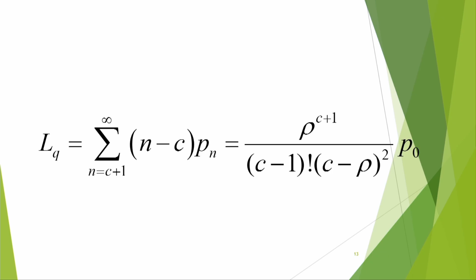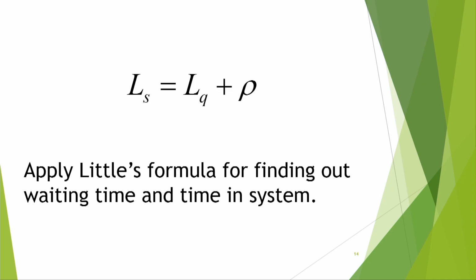So, N is equal to C plus 1 to infinity, and we have to take N minus C. Suppose N people are in the system, in that you have to subtract the servers, multiplied by the corresponding Pn. If you do that, you get this type of expression: P0 rho to the power C plus 1, and in the denominator C minus 1 factorial into C minus rho square. And then Ls is equal to, of course, Lq plus rho.